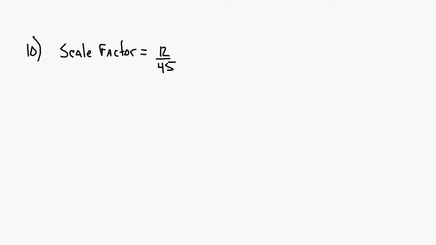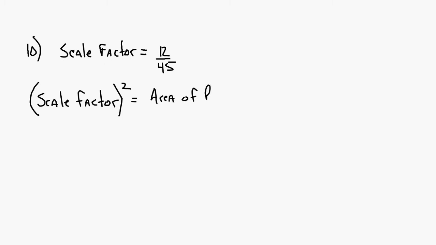And yesterday when we were talking about finding the area of similar shapes, we said that you take the scale factor and you square it, it's equal to the ratio of the area of the polygons.